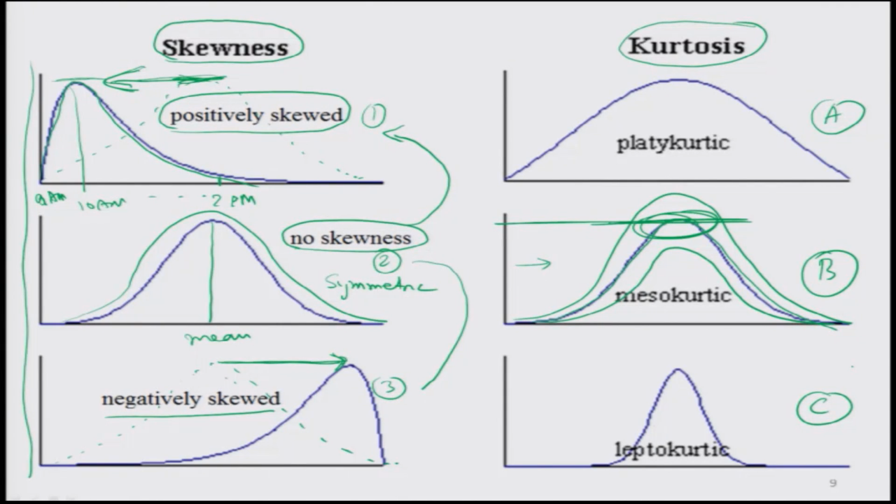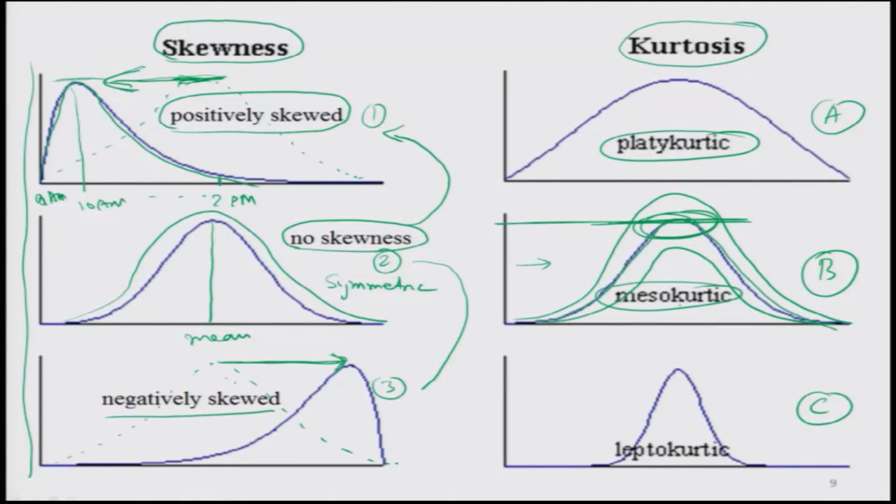We simply try to plot them and study the hump through the property of kurtosis. One will be called platycurtic, another mesocurtic, and another leptocurtic, as we have discussed. Now, the question is that by looking at the curve you cannot really decide much, we need to quantify it, both the skewness and kurtosis.